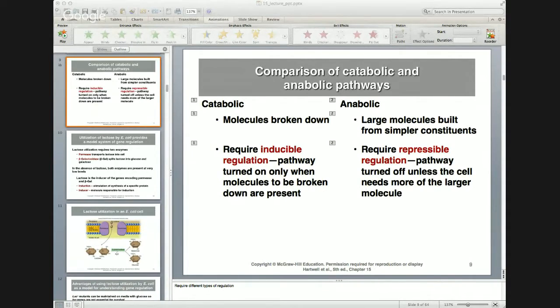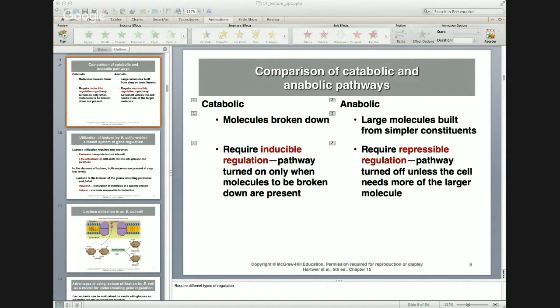only when lactose is present, with the structural genes LAC-Z, LAC-Y, and LAC-A being turned on. Okay? If lactose is not present, if the inducer lactose is not present, then there's no need to turn on these genes. Okay, one more thing before I move on. This LAC-I gene, that's the repressor gene, is not adjacent, I should say, to the LAC operon.